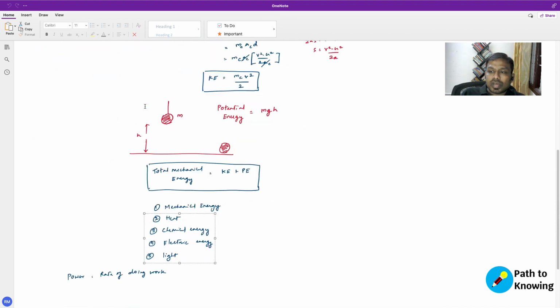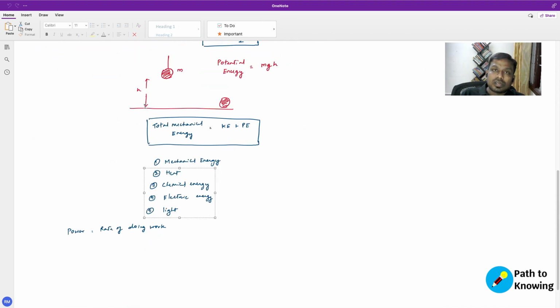And which is nothing but we say that he or she has more power because he is able to do more work at the same time, right? So the rate of doing work is more. That's when we say that one particular agent or a person or an object has more power, and the rate of doing work is equal to the work done by time taken, right? By the time.